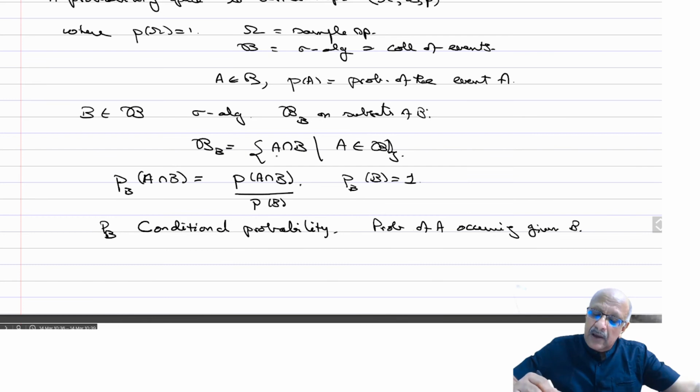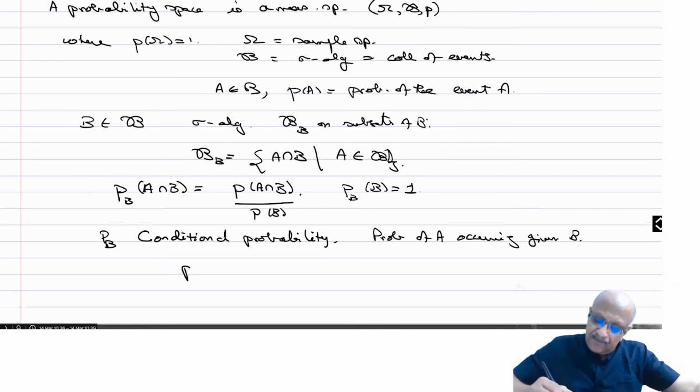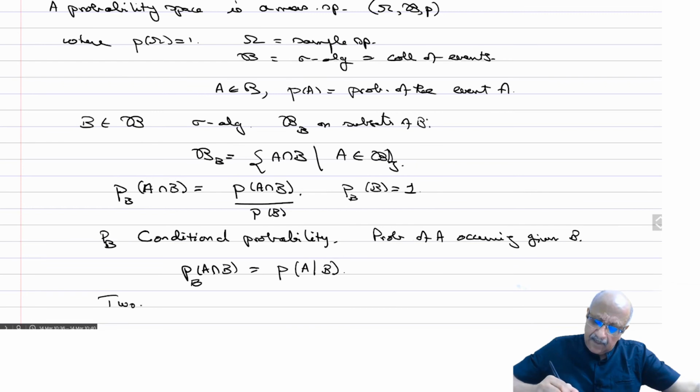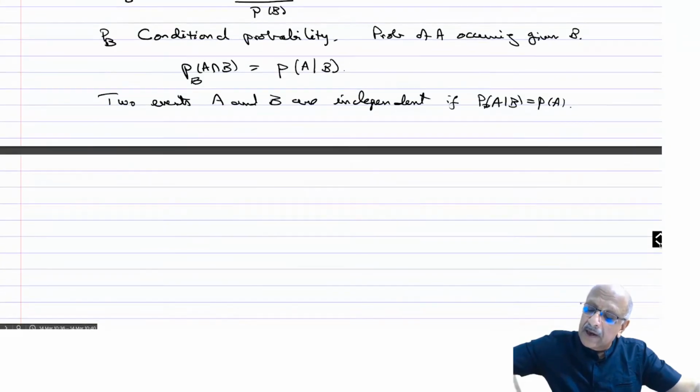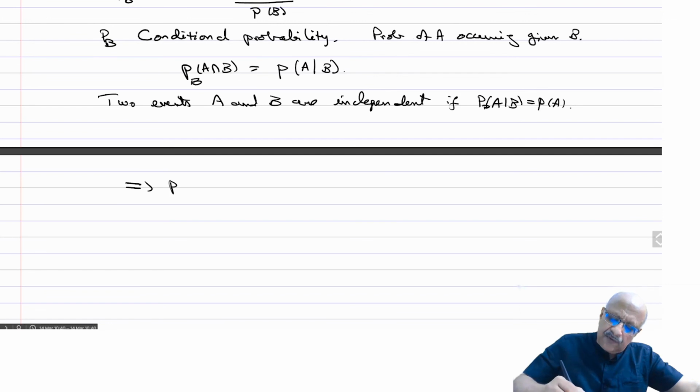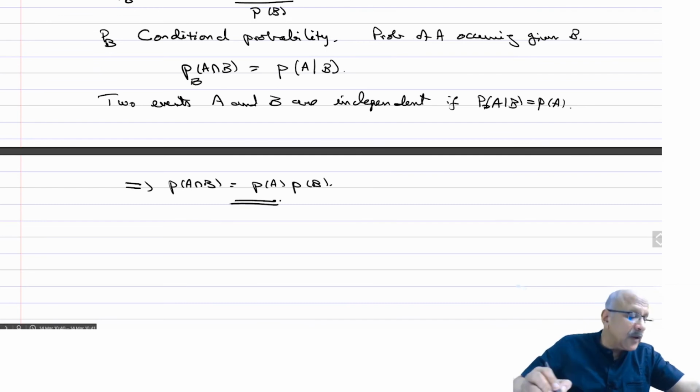That's precisely the probability of A intersection B divided by the probability of B. This is also written as the conditional probability of A given B. Now, two events A and B are independent if P of A given B is the same as P of A. So it doesn't matter whether B happens or not, it does not affect the occurrence of A, and therefore this means that P of A intersection B equals P(A) times P(B). Okay, this is the notion of independence.